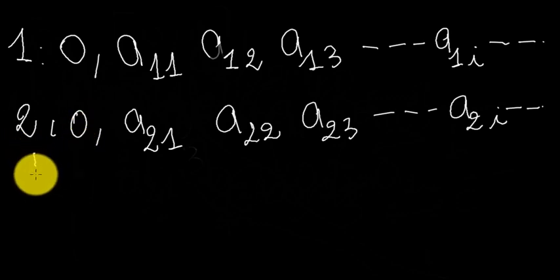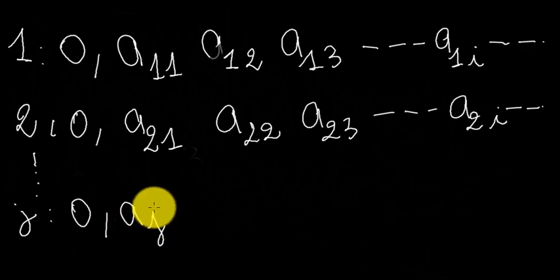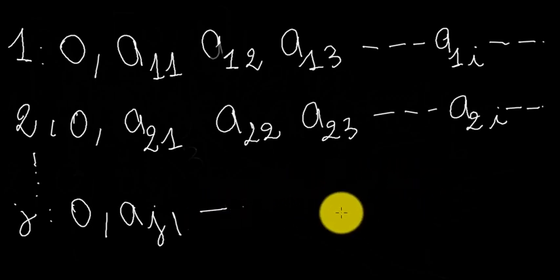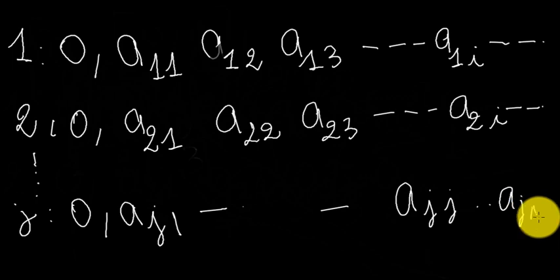If we continue here, we'll reach some part where there's an ith element, or I would say a jth element. It will be 0.Aj1, until we reach Ajj, and we continue to Aji, and we go into infinity.